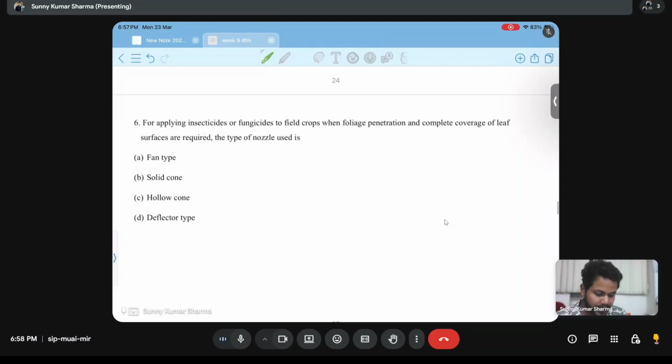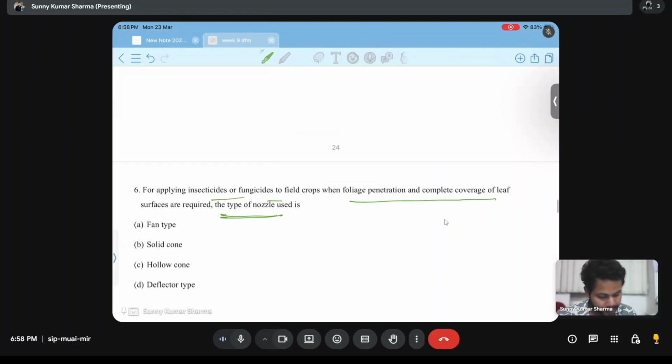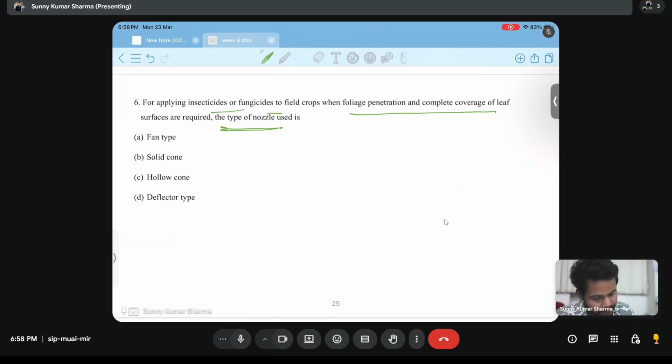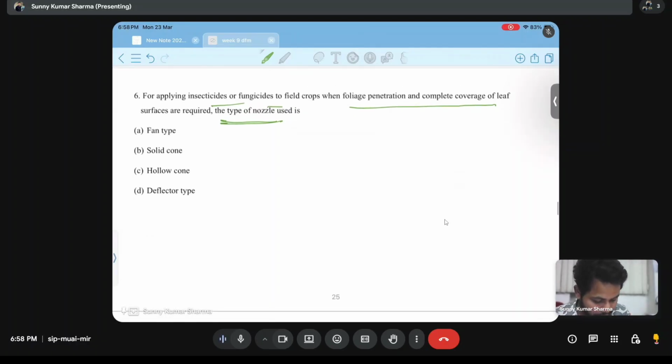Next is for applying insecticide or fungicide to field crops. When foliage penetration and complete coverage of leaf surface are required, the type of nozzle used is. I have not made slides on types of nozzle, but if you have seen the lectures, you can tell which. It's a type of hollow cone nozzle.